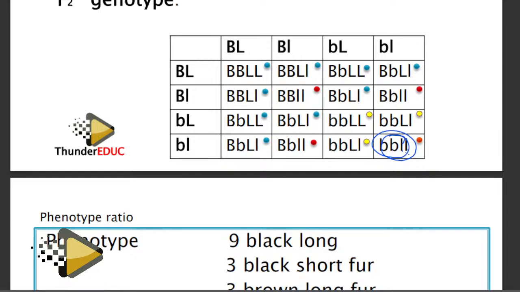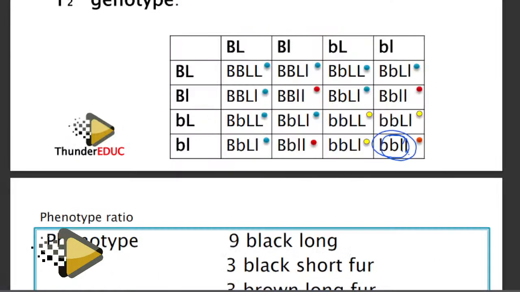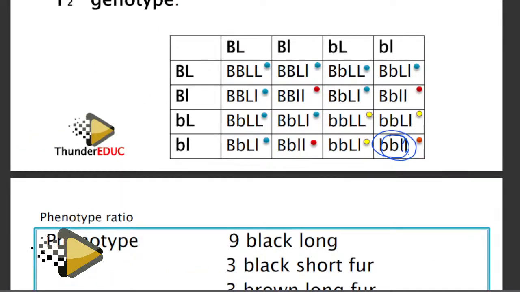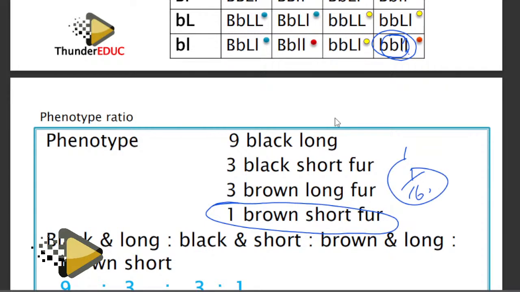It is small b, small b, small d, small d. If you count all of them, they are 16. Therefore it is 1. Yeah, one individual or 1 out of 16 individuals. So I think I'm clear there.